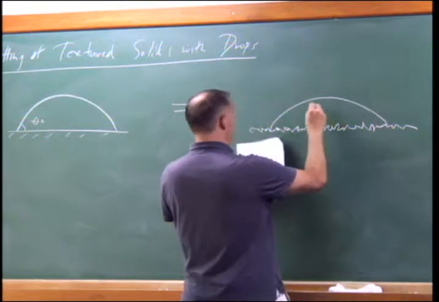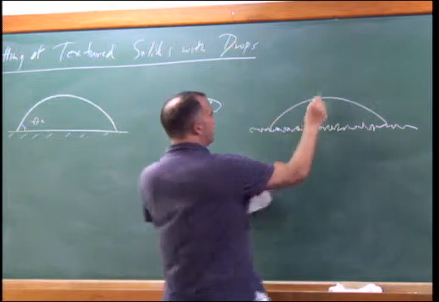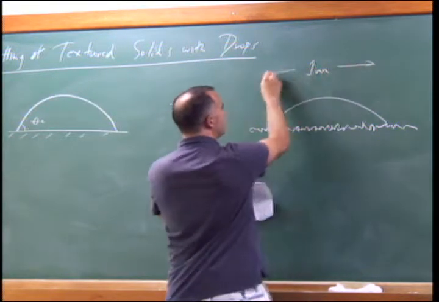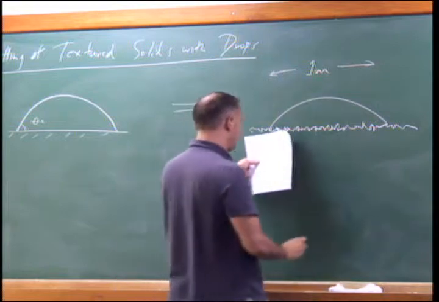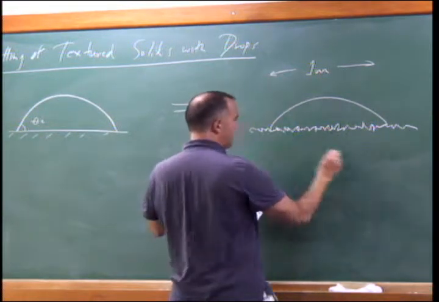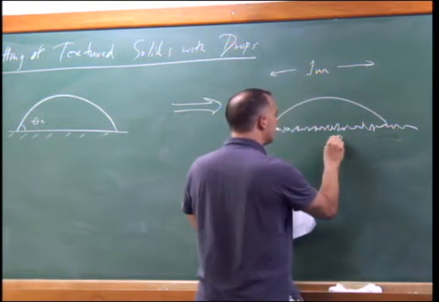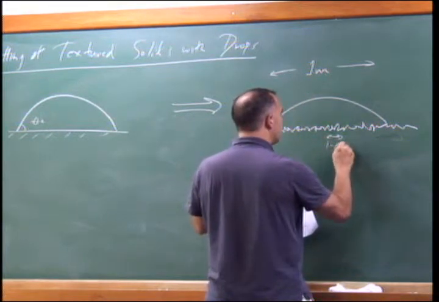Okay, so let's imagine a drop at the raindrop scale, millimeter in scale, and we have roughness on the scale of 1 to 10 microns.